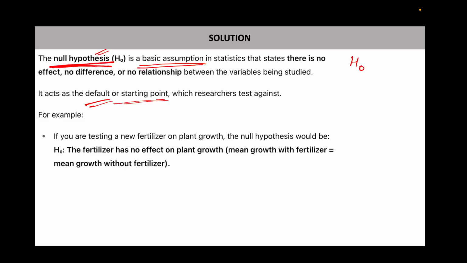We've already taken an example of the medicine. You can take another example, a fertilizer on plant growth. If you develop a new fertilizer and you are checking whether it has an effect on plant growth or not, then your null hypothesis will be that the fertilizer has no effect on the plant growth.